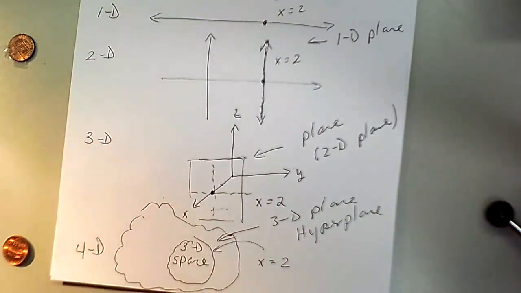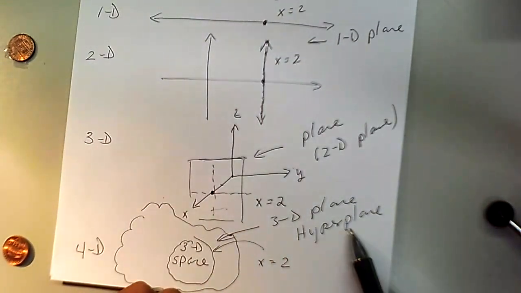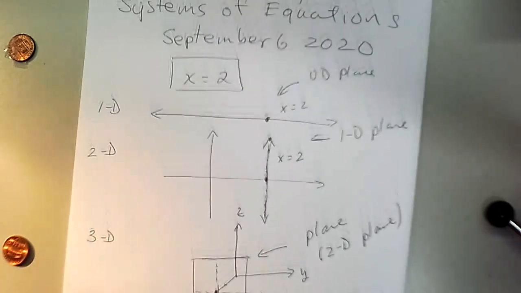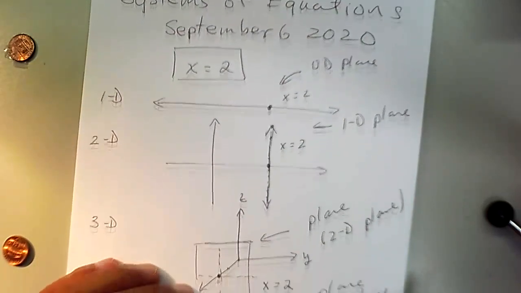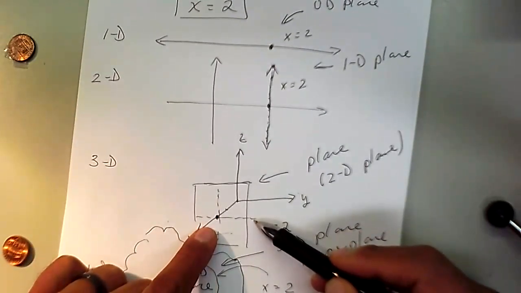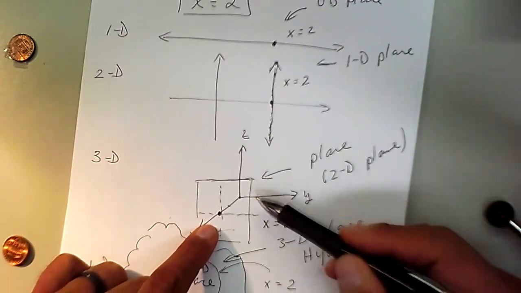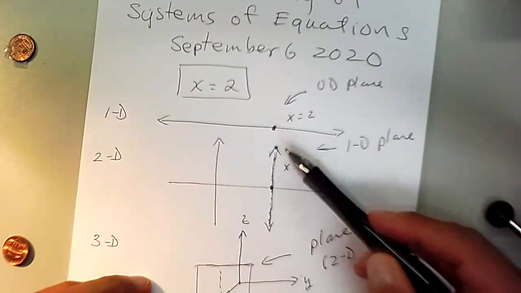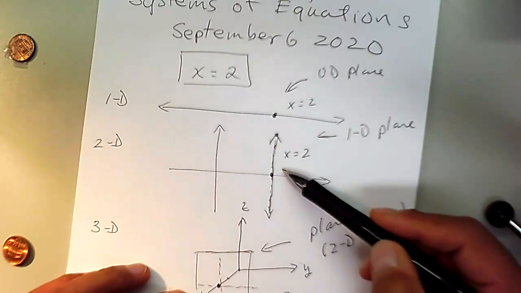And then we can have a 4-dimensional plane, which is also many times called a hyperplane, a 5-dimensional plane, which simply is something like x equals 2. Yeah, I guess we could call this a 2-dimensional line going in the other direction, a 3-dimensional line, a 0-dimensional line, and this is a regular line, which is 1-dimensional, as it should be.